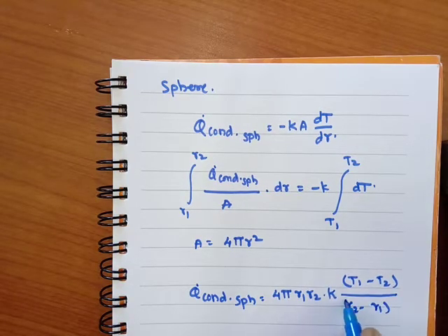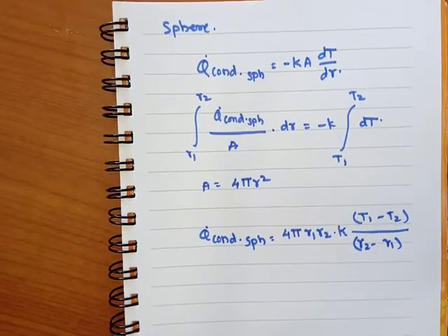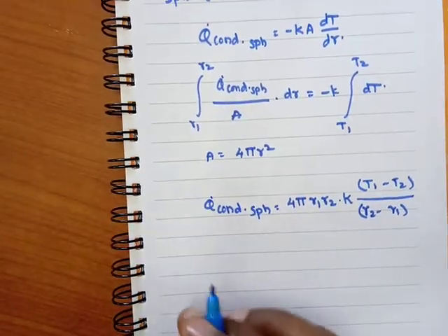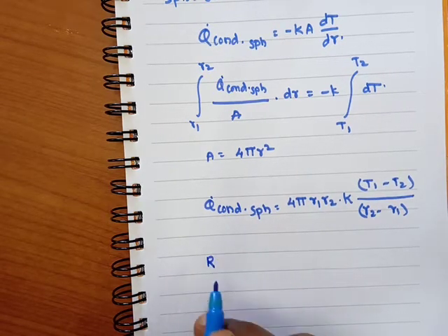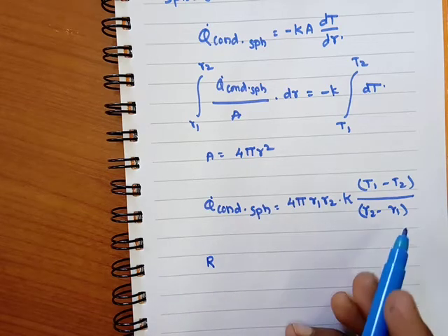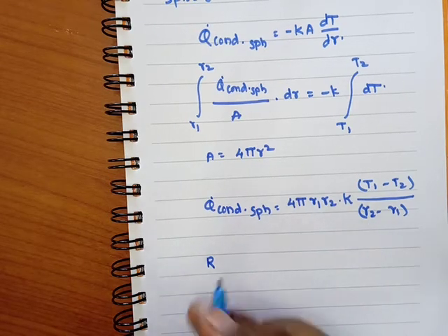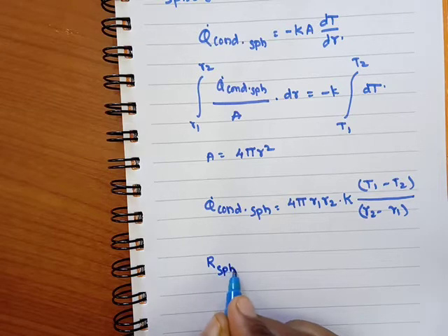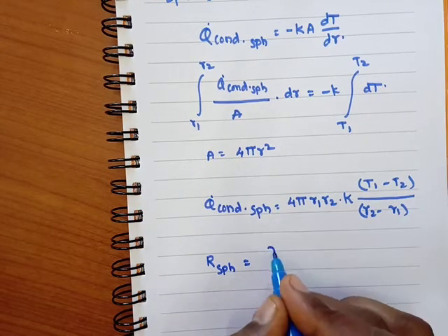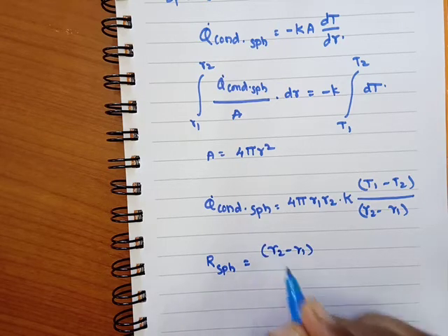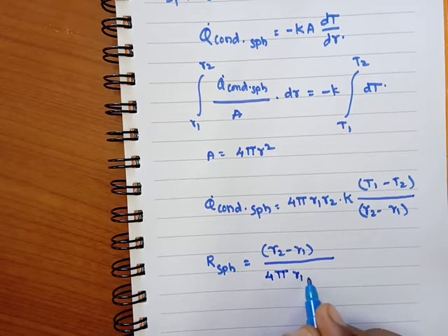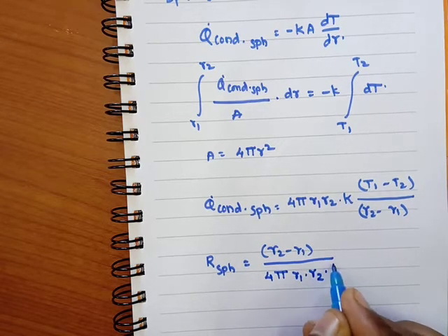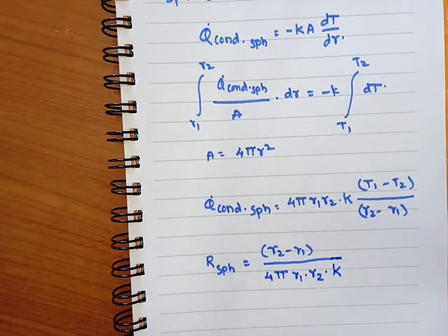(R2 minus R1). Now to find the resistance offered by a sphere material with internal radius R1 and outer radius R2, the thermal resistance offered by a sphere is equal to (R2 minus R1) divided by 4 pi R1 R2 K, where K is the thermal conductivity.